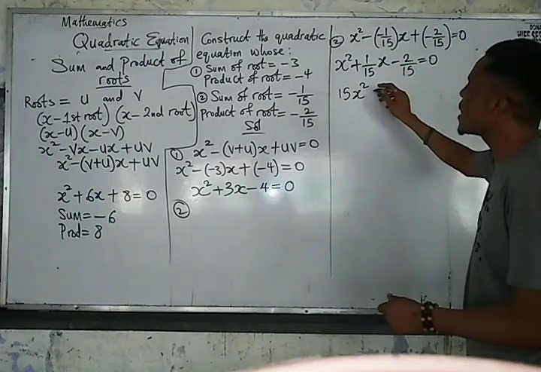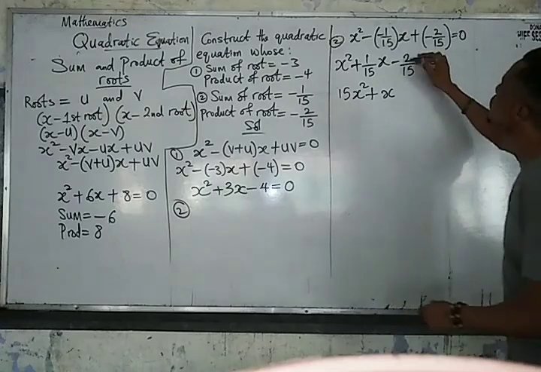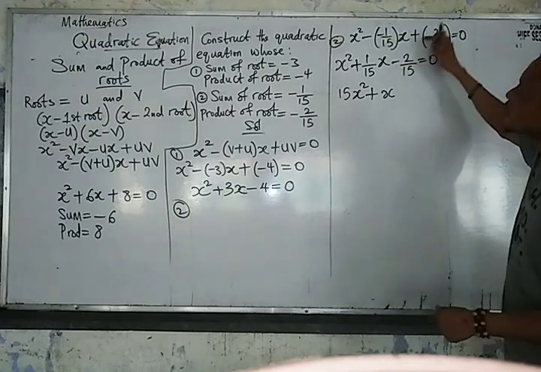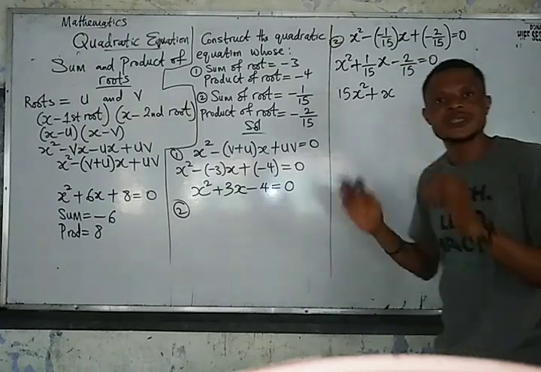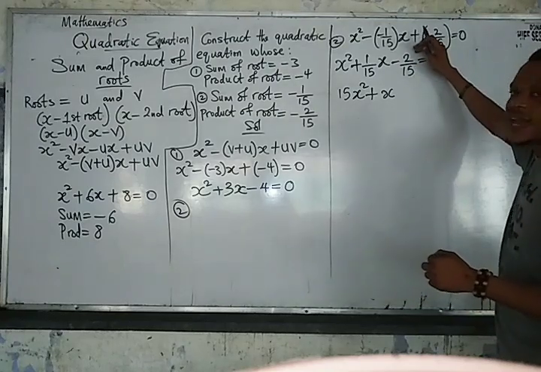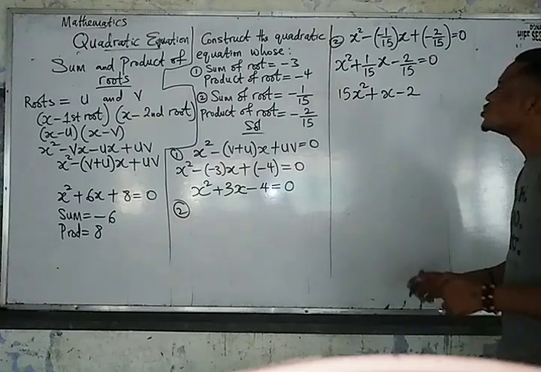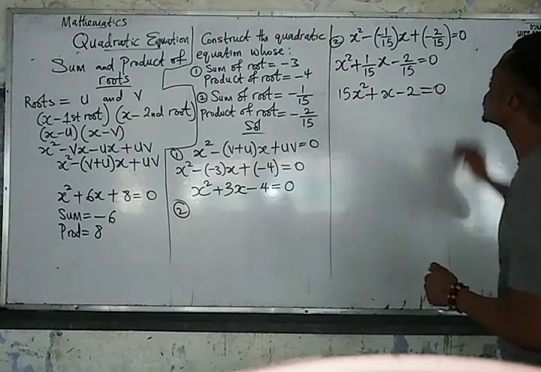So you cannot write 1x, of course. You are just going to write an x. For this place, minus 2 multiplied by 15, you have minus 30. So by the time you cut 15 in 30, you have 2. So you are left with minus 2. So this gives us equals 0.